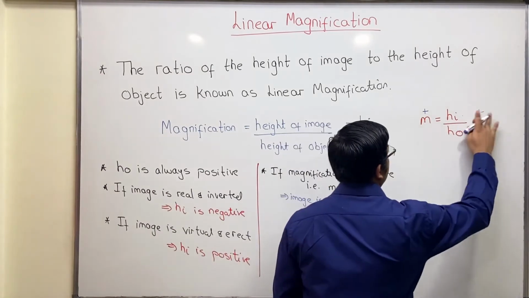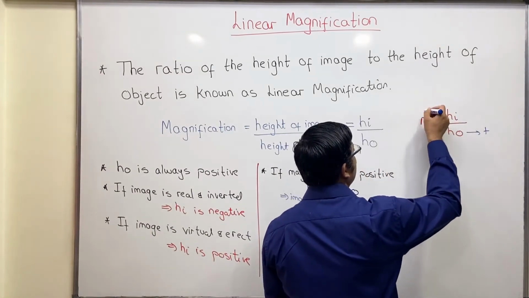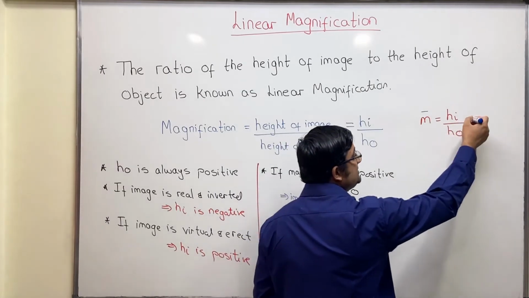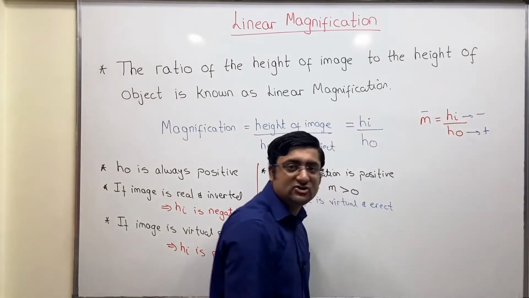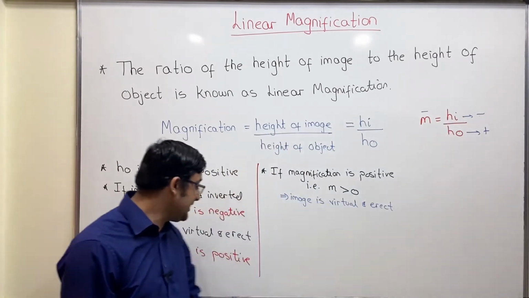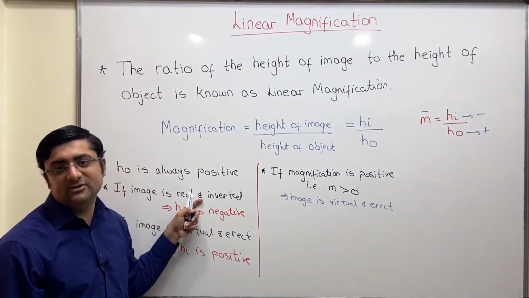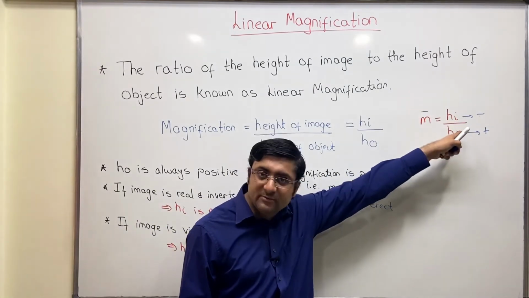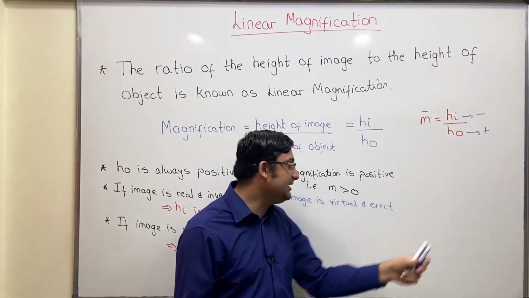Similarly, guys, let's say I want magnification to be negative. When will magnification be negative? Minus by plus is minus. So the height of the image has to be negative. If the height of the image is negative, what does that mean? The image is real and inverted. So whenever magnification is negative, that means the height of the image is negative, means the image is real and inverted.